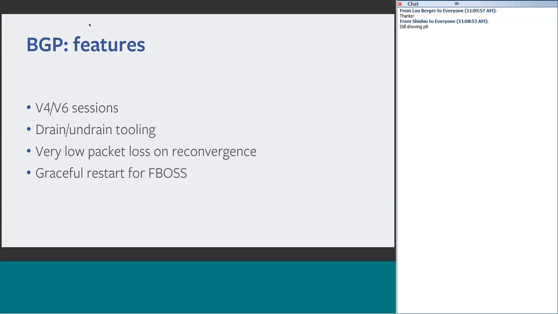With BGP, we noticed these days very low packet loss on convergence. It used to be problematic, mostly because the ECMP implementation in many vendor hardware was not very optimal. People used to grow ECMP groups slowly and incrementally, which caused traffic to hit a few links very heavily and cause congestion as the ECMP group shrinks or expands.